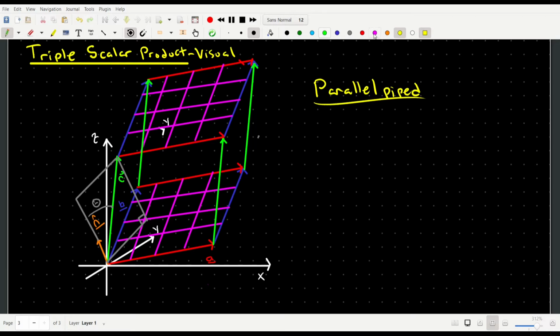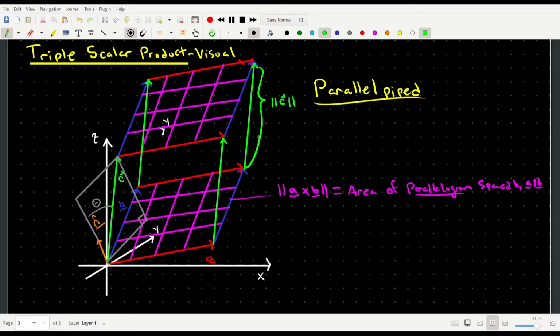Right? We know from the cross product derivation that the magnitude of A cross B is the area of the parallelogram spanned by A and B. And, well, not only that, we know the height of this parallelepiped, so this is not the distance of C. The distance here of the vector C is the norm of C. That's this distance right here, or the distance of any one of these green vectors.